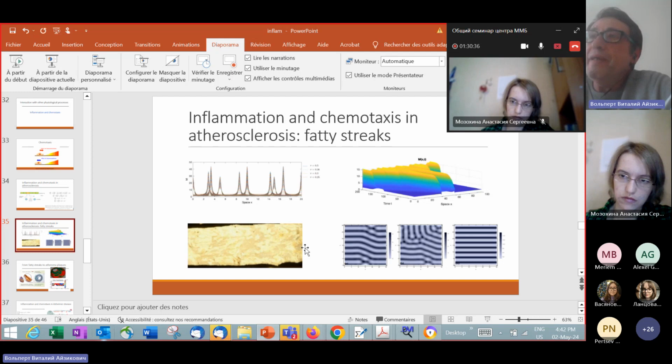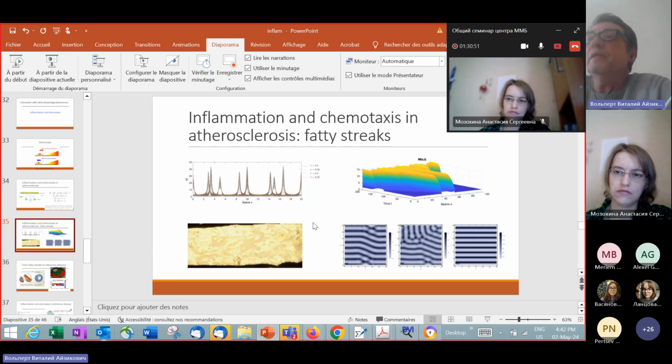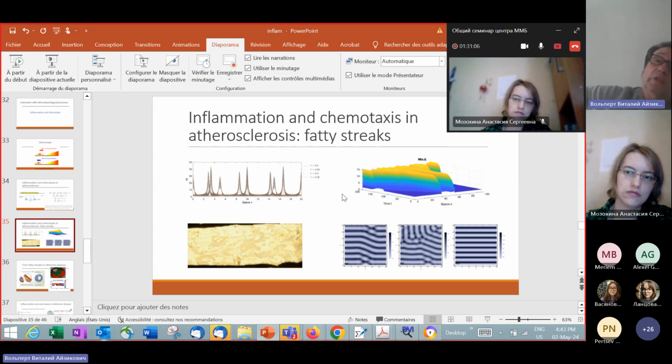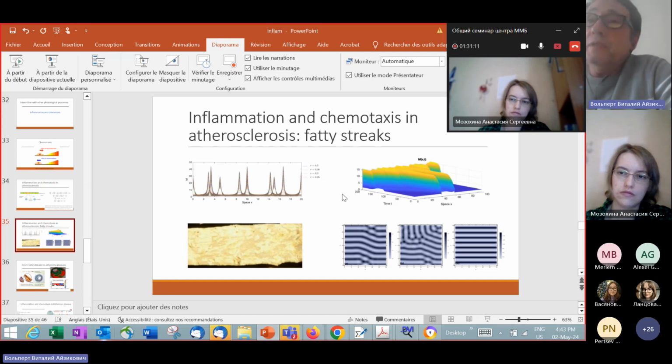They give this poor animal a lot of fatty food, and several weeks after that, they have these fatty streaks. But if they return to normal diet with low fat, these fatty streaks disappear. So this is a reversible stage of plaque formation. And this fatty streak formation is well described by this mathematical model of interaction of inflammation and chemotaxis. And by the way, also this reversibility of the formation of fatty streaks.